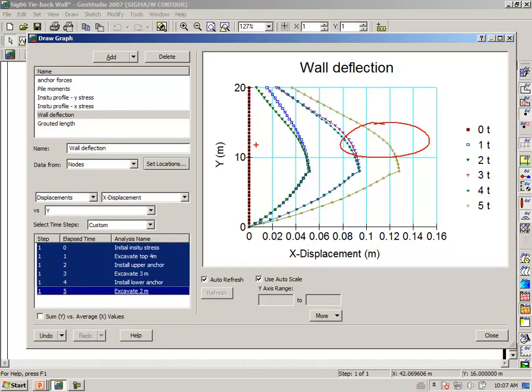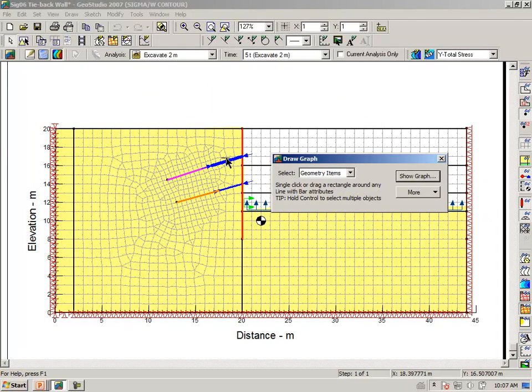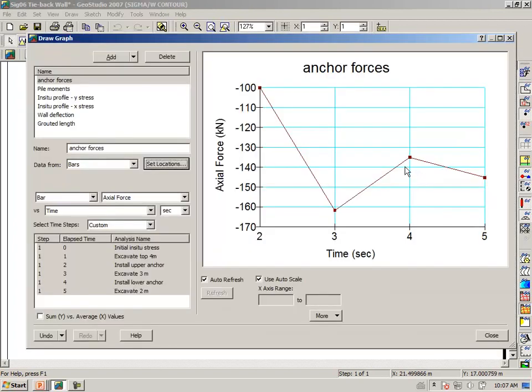This is a linear elastic analysis, and there's more to analyzing a tieback wall, but we have kept the example simple here to illustrate procedure and technique. The second point that is of interest is to look at anchor forces, and in this particular case we are looking at the force in the free length of the upper anchor.